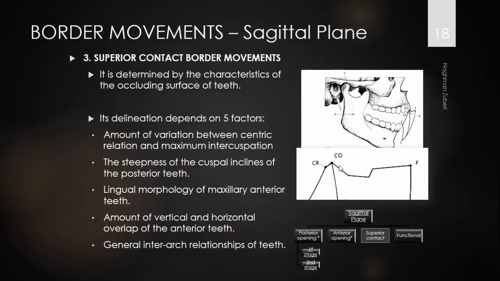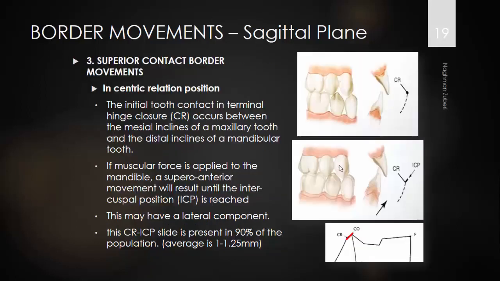Superior contact border movements in centric relation position. Initial tooth contact in terminal hinge closure, that is centric relation, occurs between the mesial inclines of a maxillary tooth and the distal inclines of a mandibular tooth. If muscular force is applied to the mandible, a superior anterior movement will result until the intercuspal position is reached.